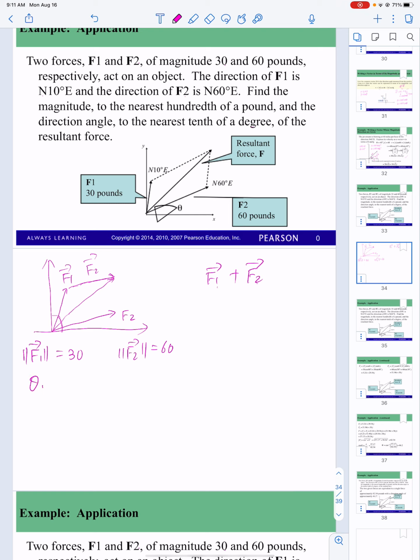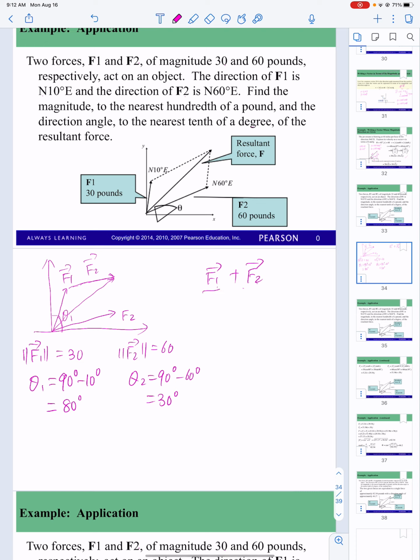So theta 1 is equal to 90 degrees minus 10 degrees, which will be 80. Similarly, theta 2 is 90 degrees minus 60 degrees, which will be 30 degrees. Okay, this is the information that we get from the question.